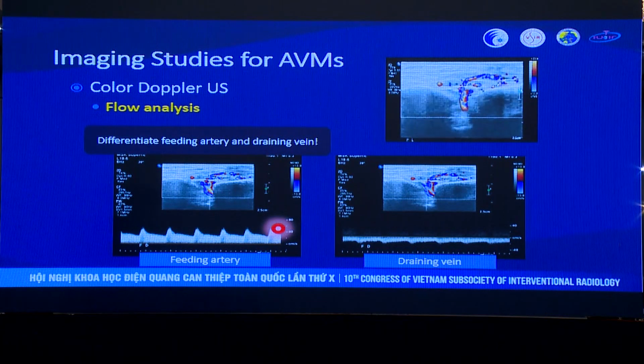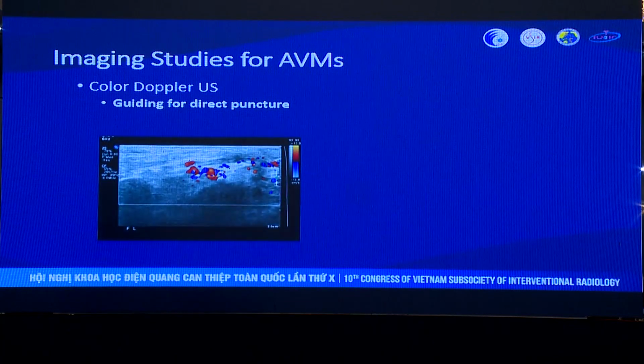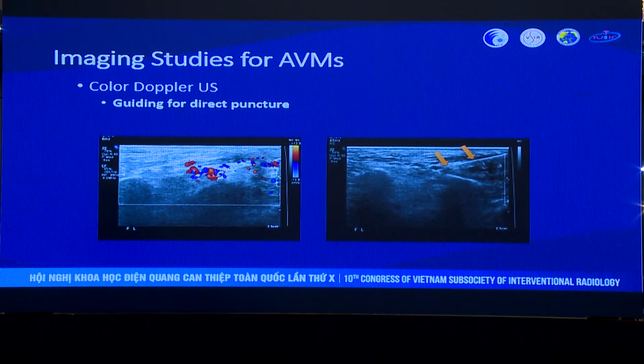This is a very comparative concept in the same patient. And it can also be used as a guiding technique with ultrasound.